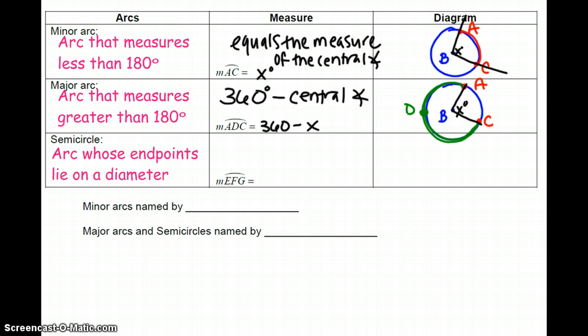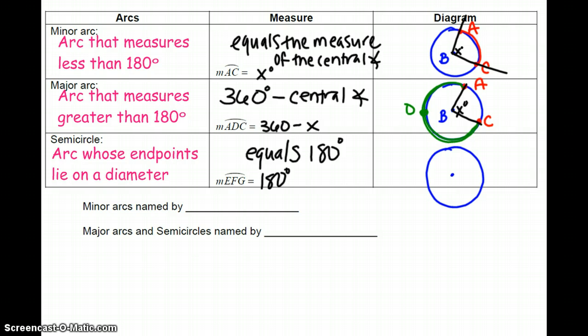Your last arc is a special arc, and we call this the semicircle. It's an arc whose endpoints lie on the diameter. It will always equal 180 degrees. It is half my circle. And to draw a semicircle, again, start with a circle, and its endpoints lie on the diameter.